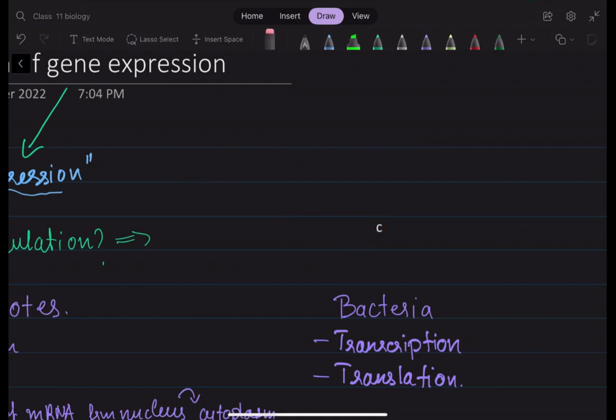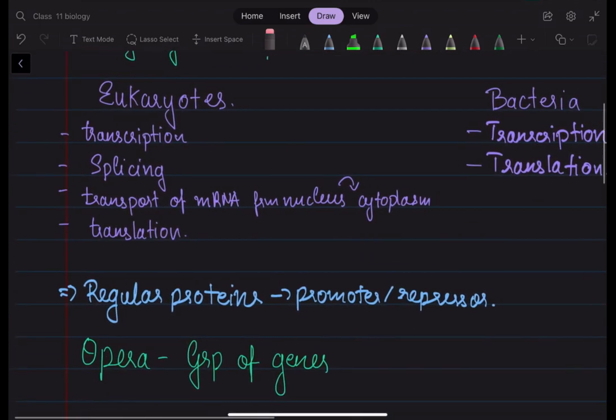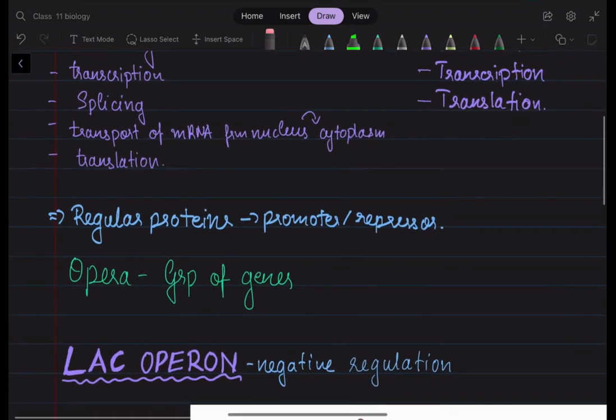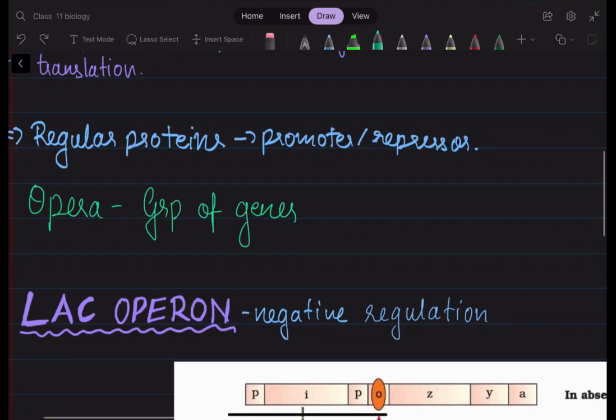And to understand how the genes are regulated, we need to understand the term operon. So, an operon is basically a group of genes that regulate other genes.